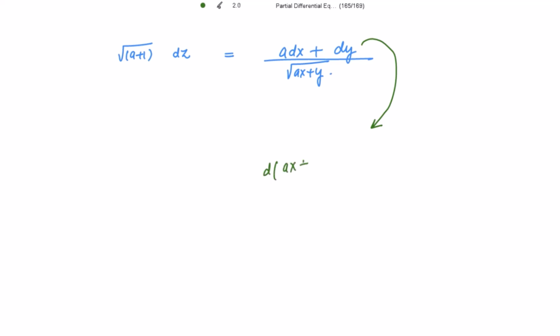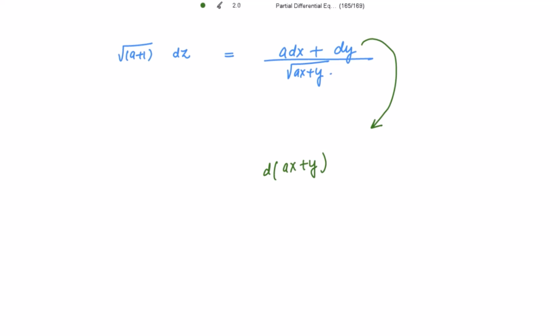So further, square root of a plus 1 dz is equal to a dx plus dy divided by square root of ax plus y. It's common in the denominator. Can I write this numerator to be the derivative of ax plus y?